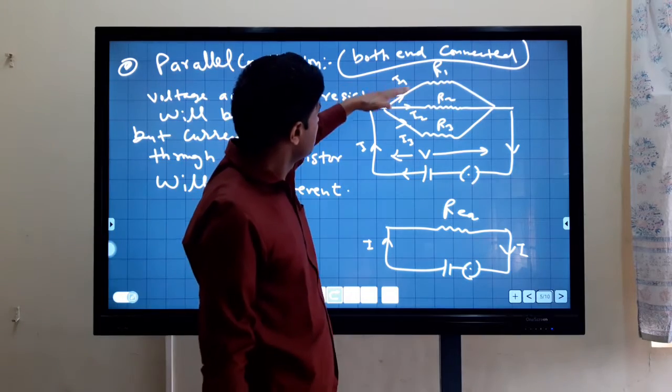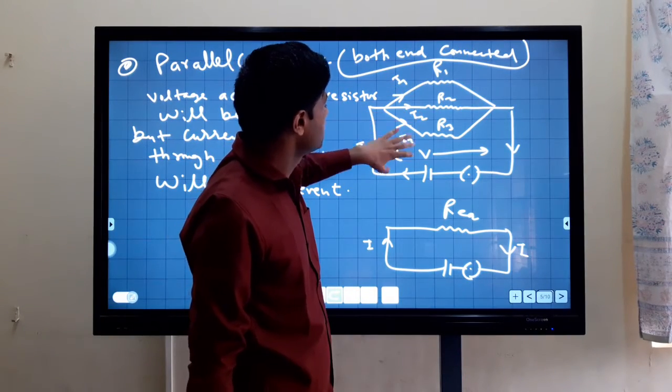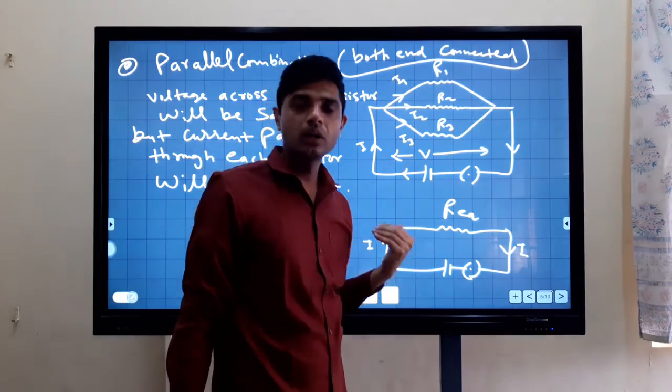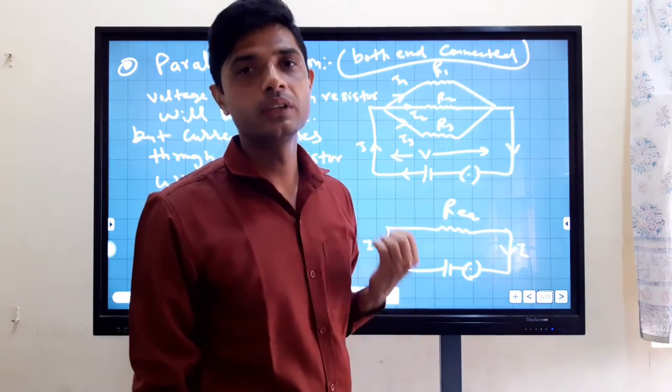The current flows through each resistor as I1, I2, I3.